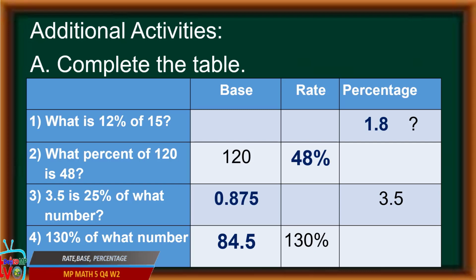We have here base, rate, percentage. Number 1, what is 12% of 15? Number 2, what percent of 120 is 48? Number 3, 3.5 is 25% of what number? And number 4, 130% of what number is 650?